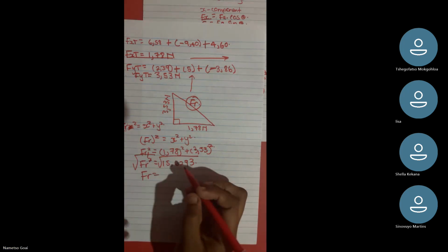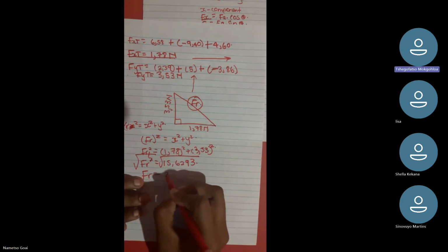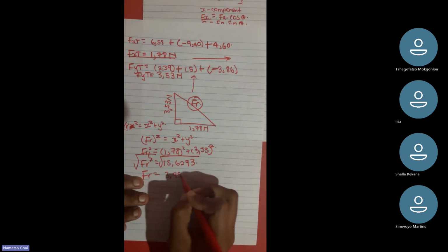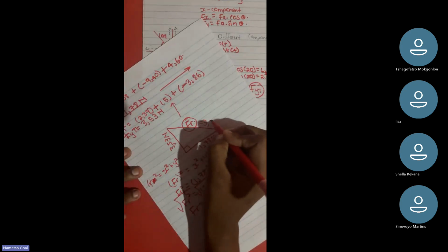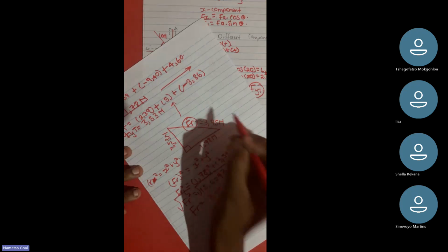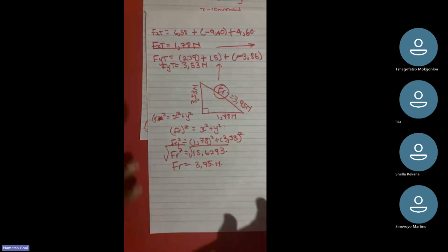Sorry, it's what? 3,95 Newton. So you have the magnitude of the FR, it's 3,95 Newton. But they are also going to want the direction.